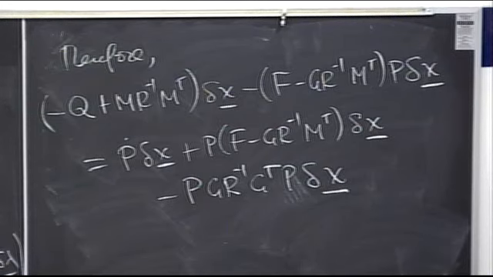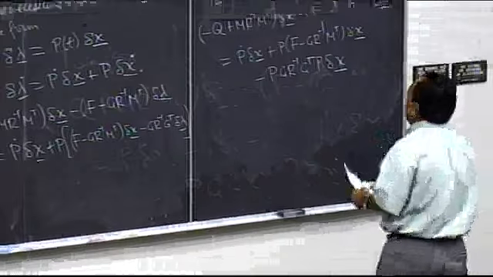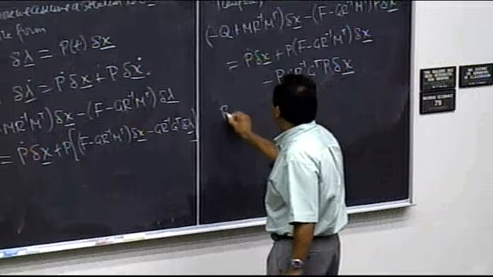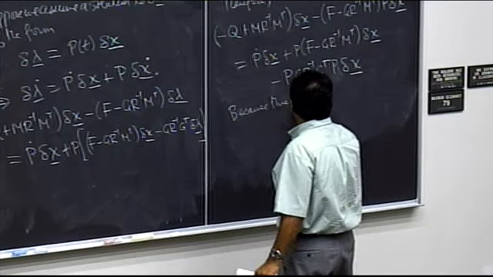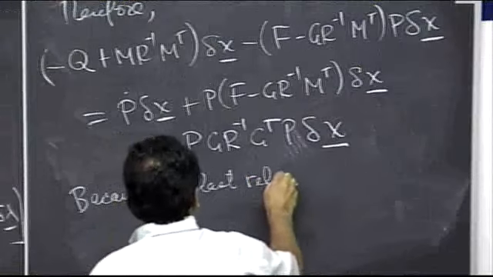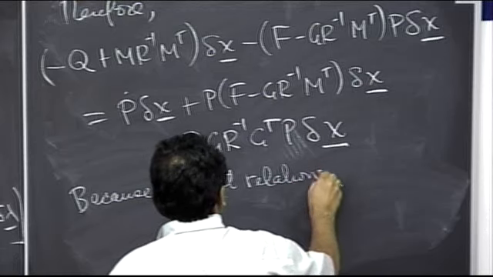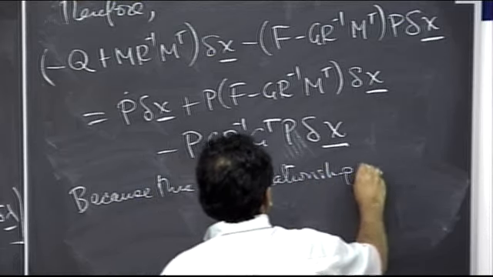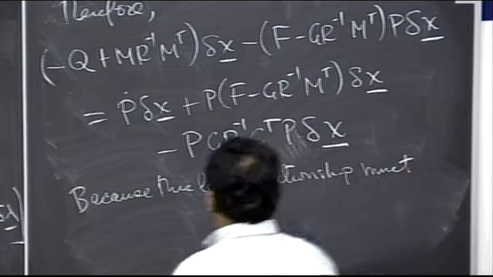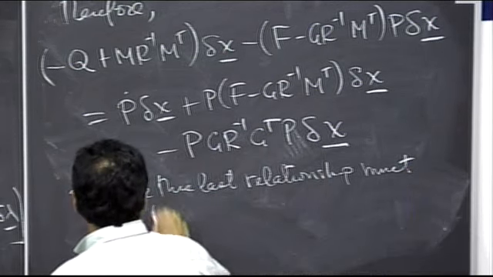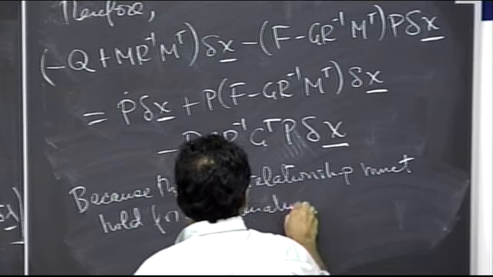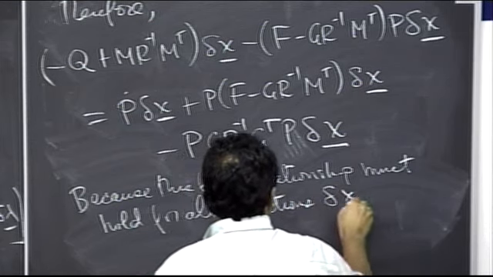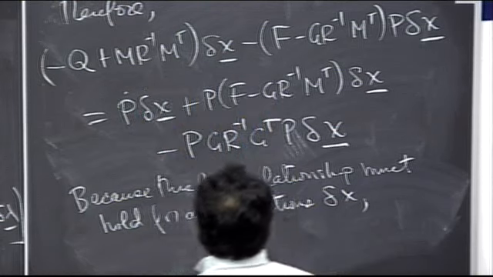Okay. Now, you can see that all these terms now involve delta x, right? So because this last relationship must hold for all variations delta x, then all of these things must be equal to each other.